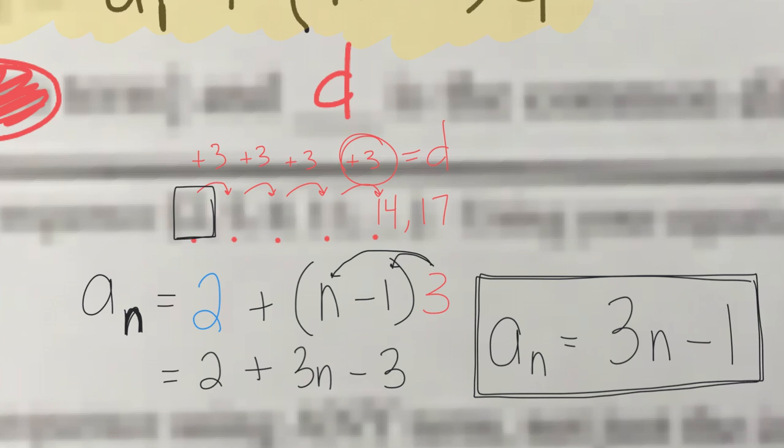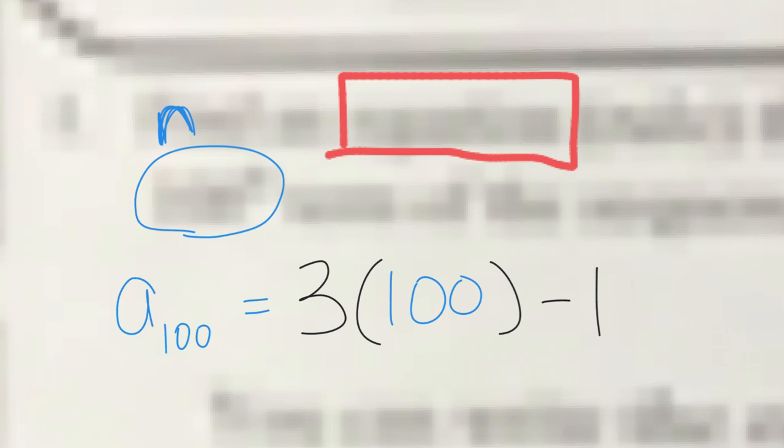So now that we have our equation, we can figure out what is the 100th term of our sequence. So that's our n value. We're trying to figure out what is a sub 100. What is our 100th term? We're going to use our formula 3n minus 1 with an n value of 100.